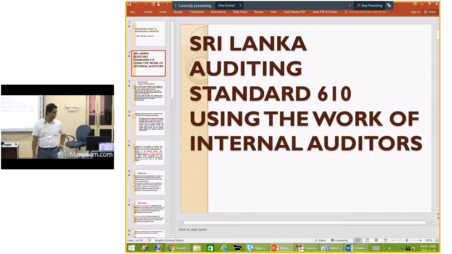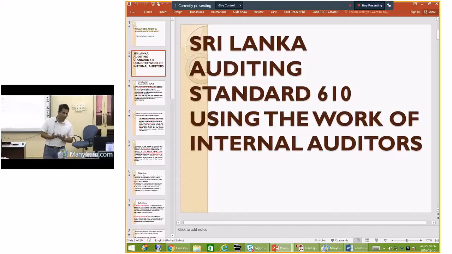Do you have any experience with internal auditors? Do you feel that the internal auditors' work is important, or only a cost function?